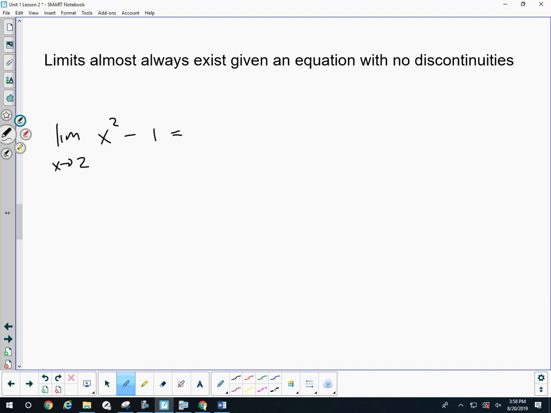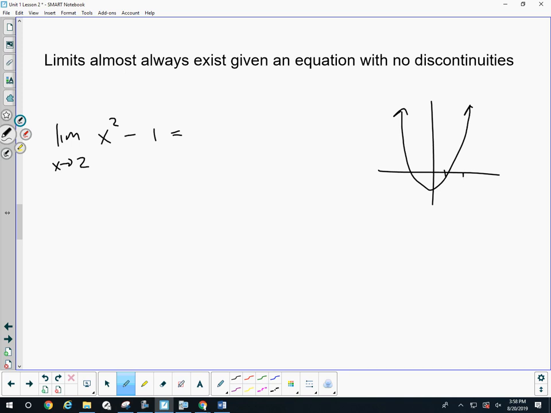Here. If you have a nice, smooth-looking function with no holes, no jumps, no asymptotes, limit questions are easy. x squared minus 1 looks like that. If I ask you, what value is this function approaching as x approaches 2?